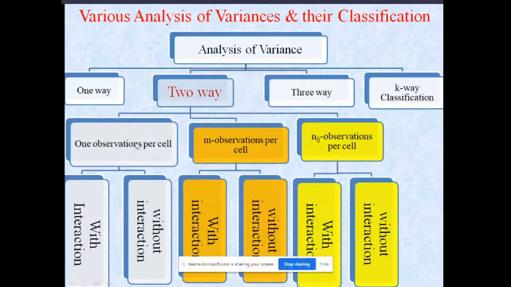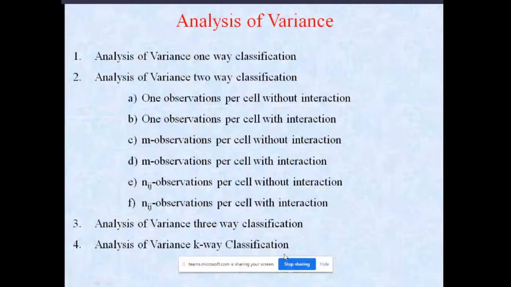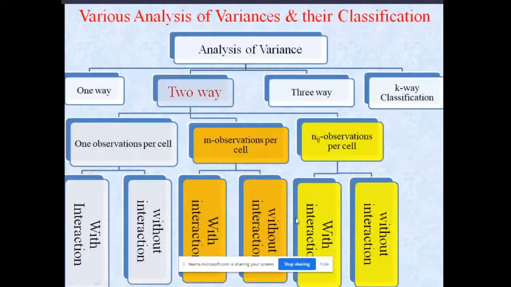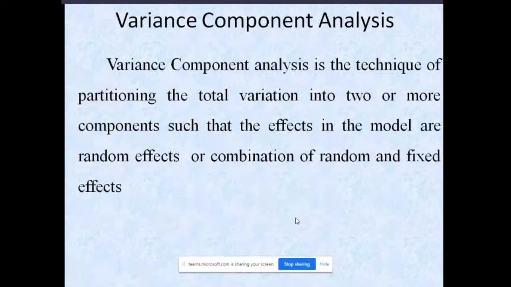Whether it is one observation per cell, generally we are not going for interactions much, but with the factor that you are going to study, with interaction, and m observations per cell with and without interactions, and unequal also with interaction and without interaction. The same you can use for the three-way and also for k-way. Okay.